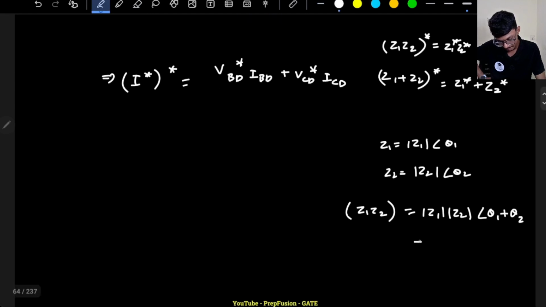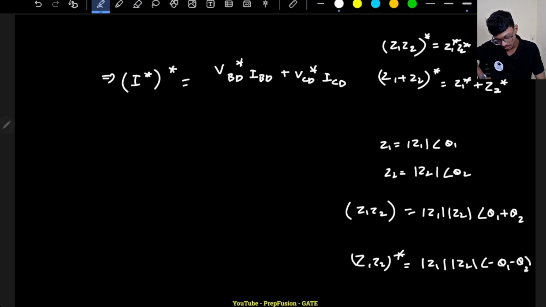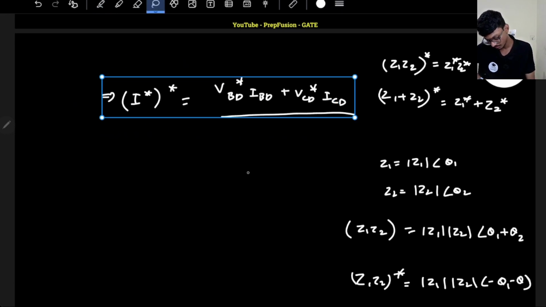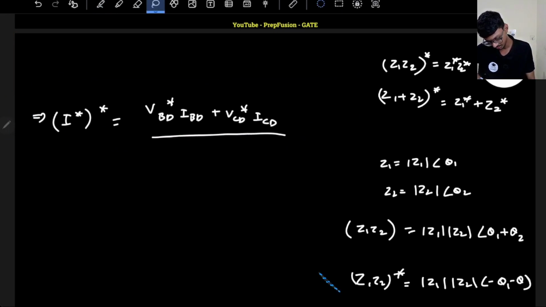If I want to calculate the overall conjugate of z1 z2, just the angle will be negative, so this will be magnitude z1 into magnitude z2, angle minus theta 1 minus theta 2. Same thing, right? If you had individually conjugated then added the angle, it would have been same. So same thing I am doing here, that's why I have proven it to you. This was just the rough work.